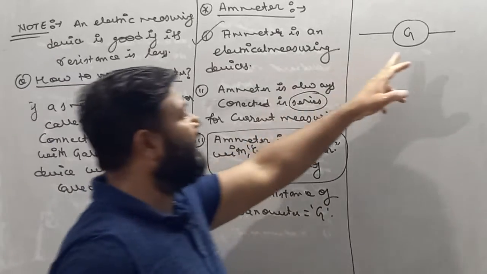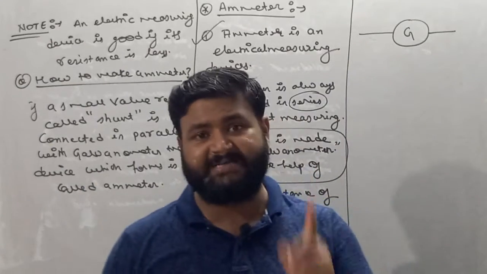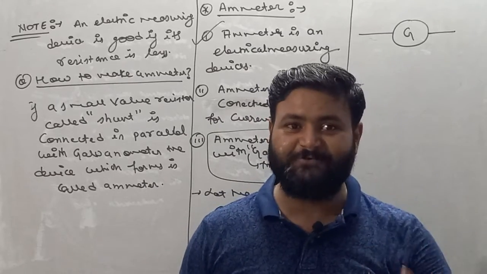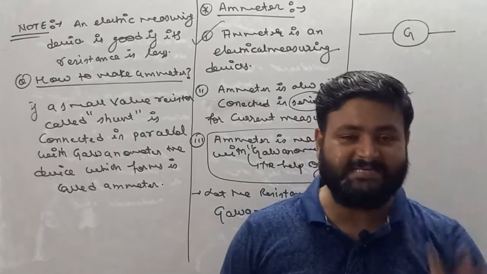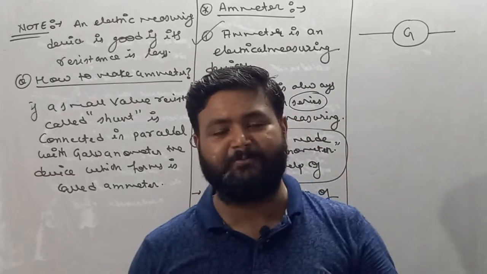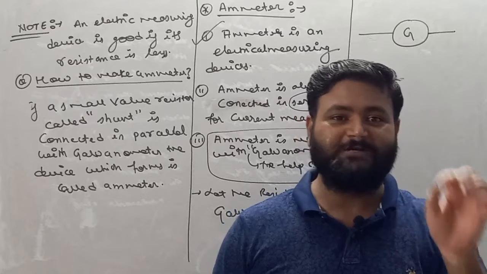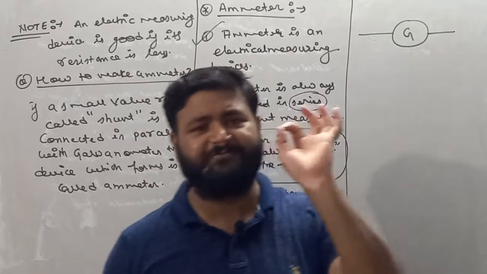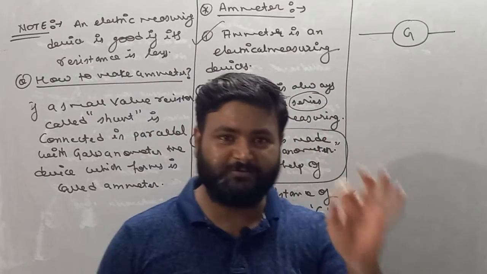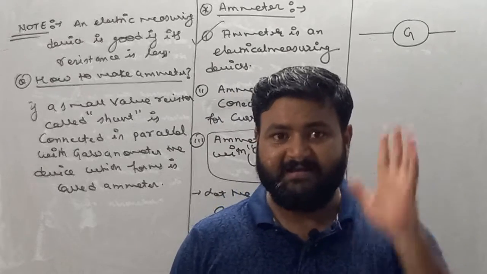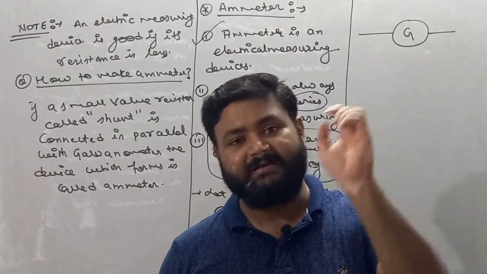An ammeter is made with the help of a galvanometer, but we know that a galvanometer carries its own very high resistance. So what do we have to do? We have to decrease the resistance of the galvanometer to make an ammeter. It's a very simple step, my dear student. We know that if resistors are connected in parallel, then the net resistance decreases.